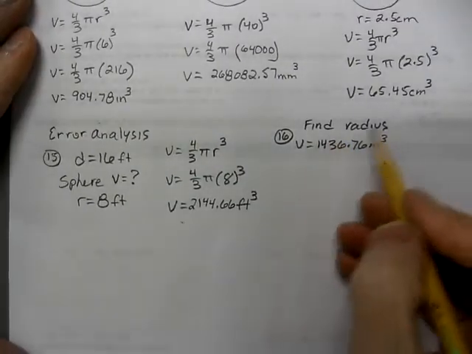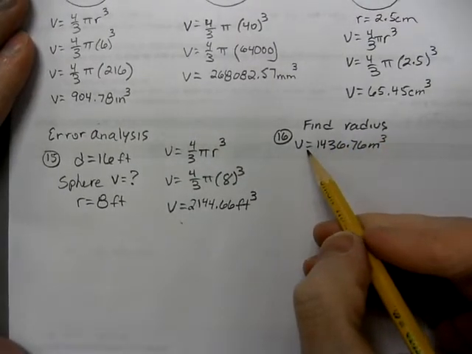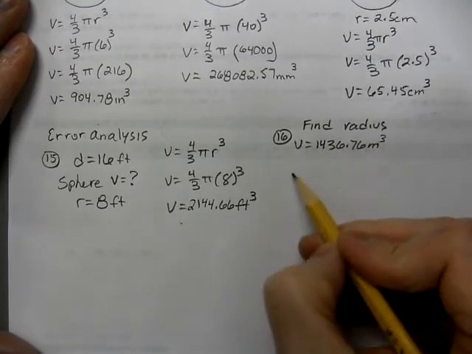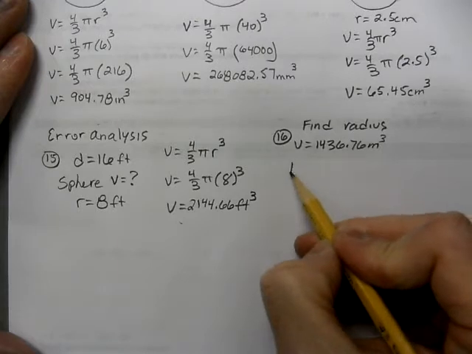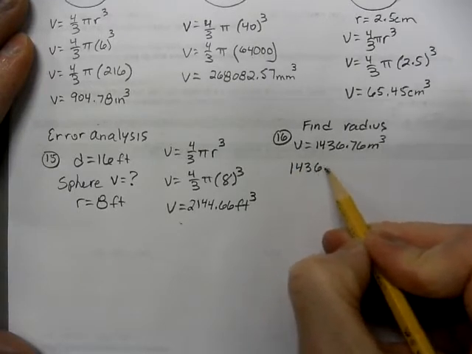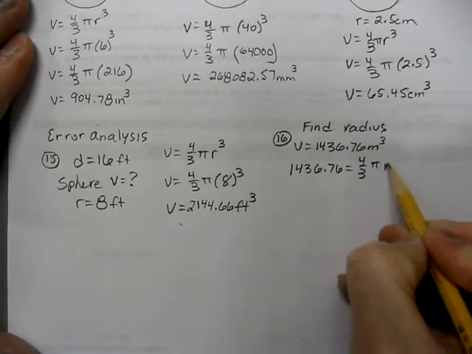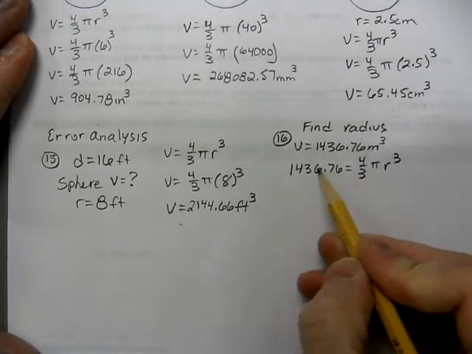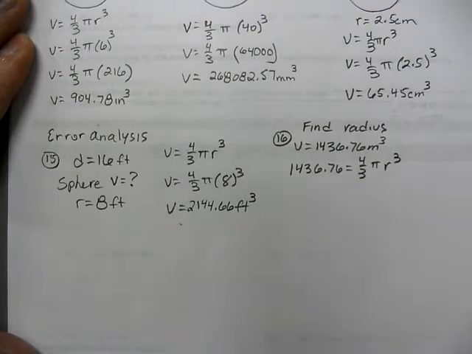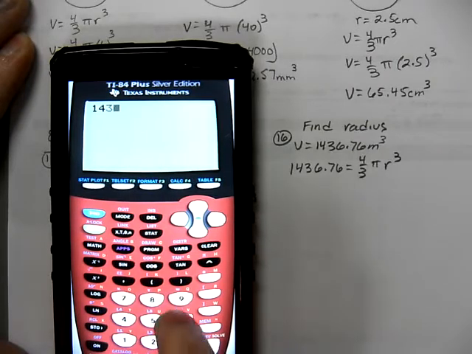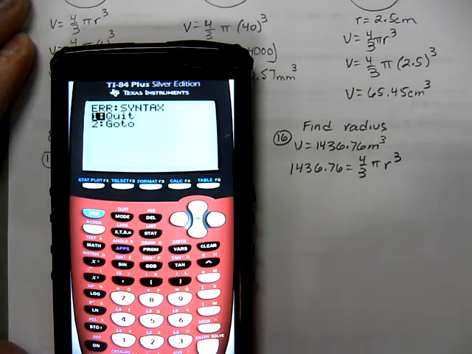For number 16, we're going to find the radius if the sphere has a volume of 1,436. That equals our formula. So we're going to multiply by 3 and divide by our 4. So multiply by the denominator.